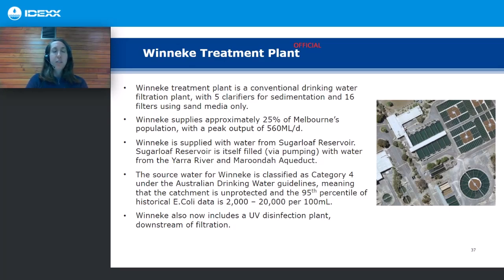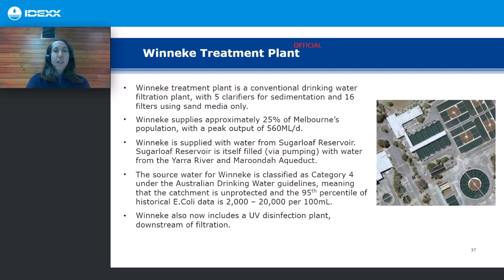But Sugarloaf Reservoir is an off-stream storage, so it doesn't have its own catchment. It's supplied with water via pumping from 2 sources, the Yarra River and the Maroondah Aqueduct. The source water for this plant is classified as what we call Category 4 under the Australian Drinking Water Guidelines. So that means our catchment is unprotected. So there is industry, agriculture and recreation in the catchment.